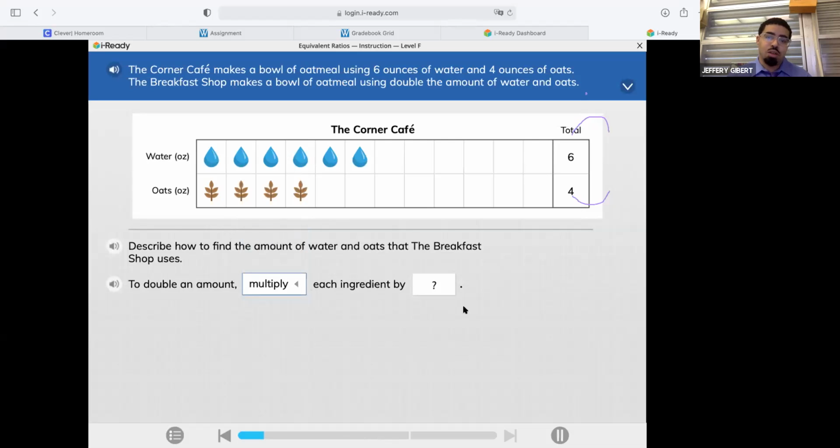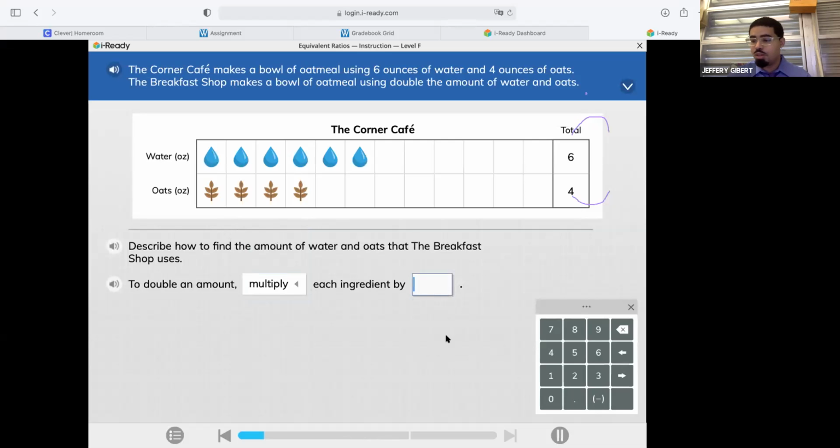Yes. And what do you multiply by if you're doubling something? Oh, Queen Africa, sorry, I didn't see that you had typed something, my bad. No, you don't multiply by 3. Doubling is multiplying by 2. So whenever somebody says double something, that means multiply by 2. They say half of something, that means divide by 2.